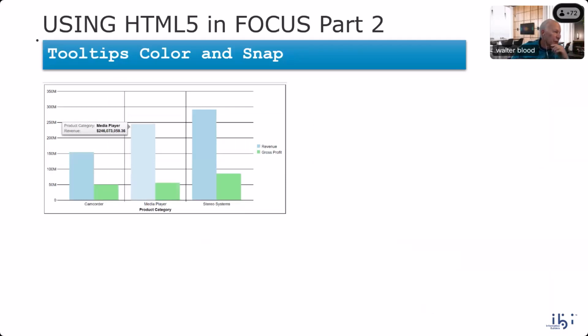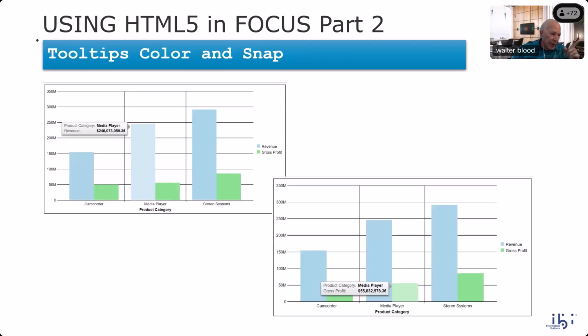If I take a look at my tooltips, the tooltip for my media player for the light blue bar now has a slight arrow on it and it's pointing to it, and that's the snap. All right. And the same thing happens with the media player with the second bar, the gross profit bar. So you have the ability to actually position this and gain control over it. All right, point to it.